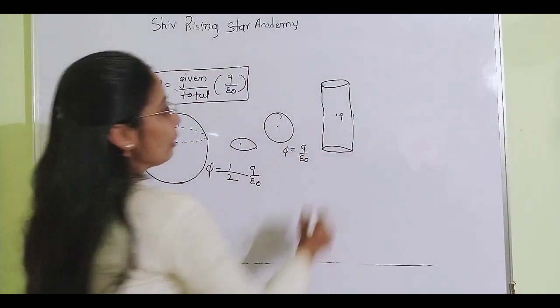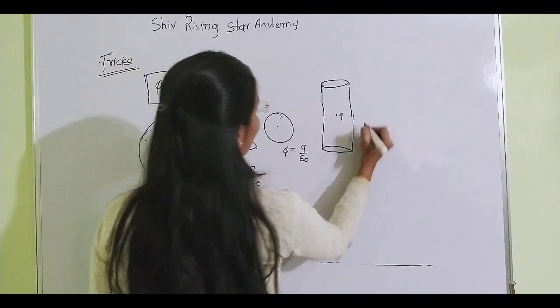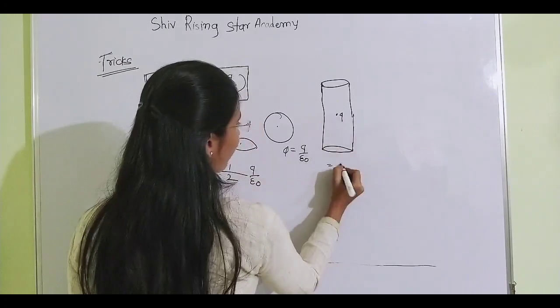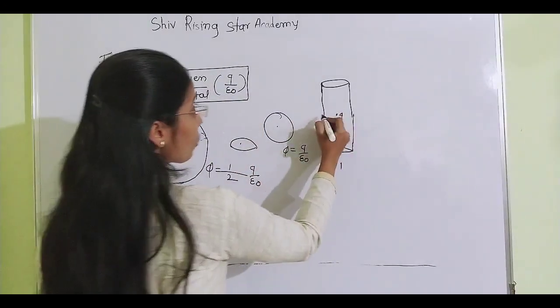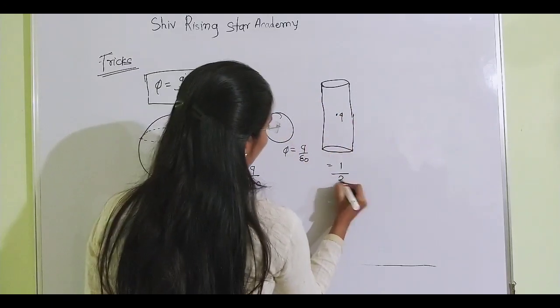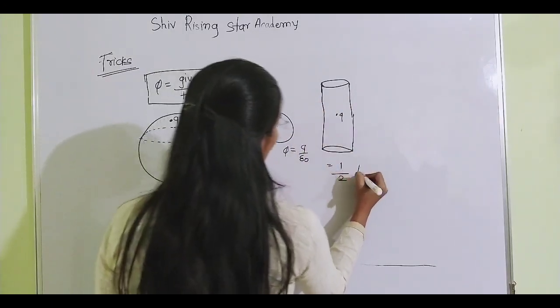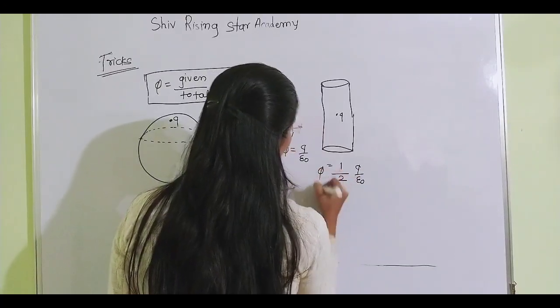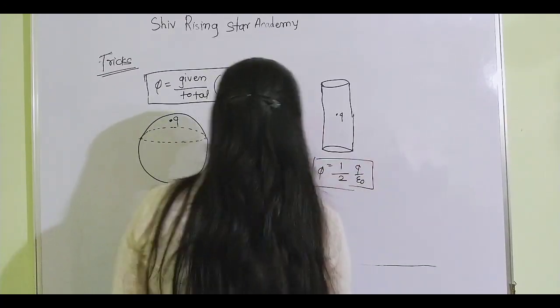So we have been given one surface, and in total two similar surfaces are required, into q by epsilon. So phi is equal to 1 by 2 q by epsilon.